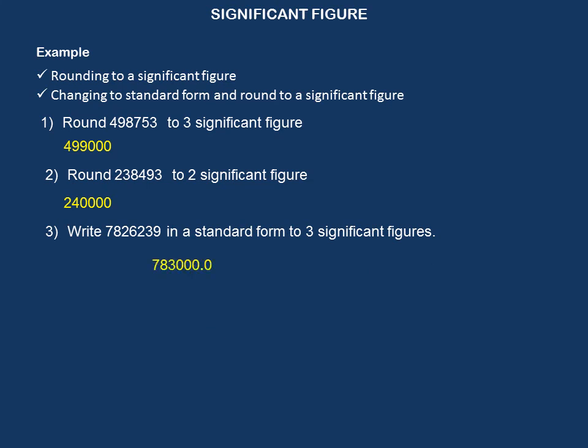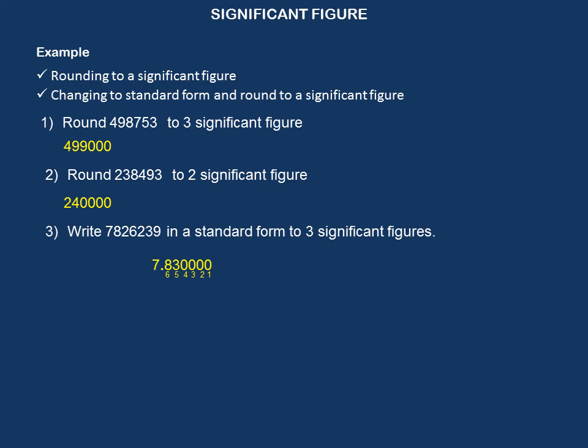Now if you convert it into standard form, we're going to look for the first number that is going to be between 1 and 9, if you remember. So we move the decimal point to the left, and then we move again until it comes just after the first number that is between 1 and 9. As you can see, we moved 1, 2, 3, 4, 5, 6 steps.